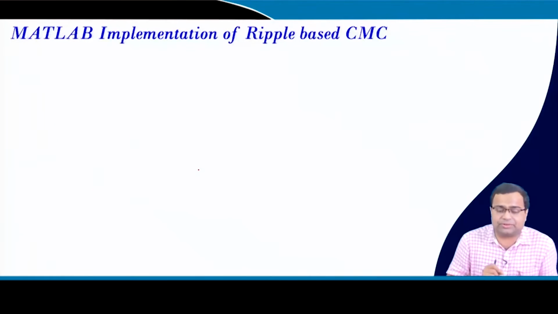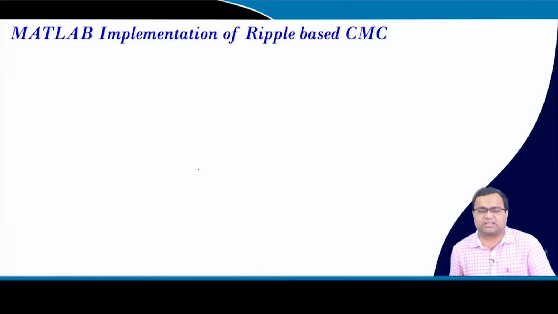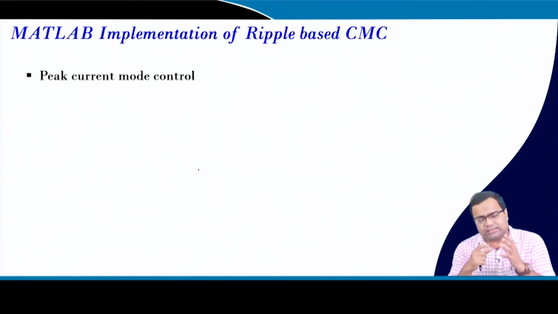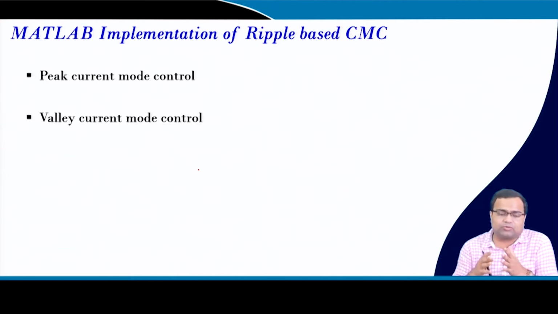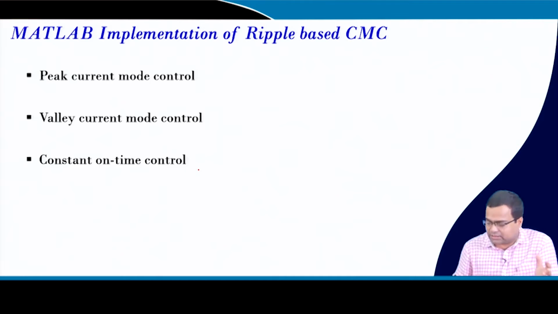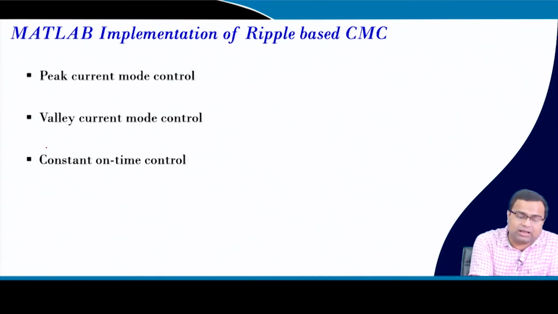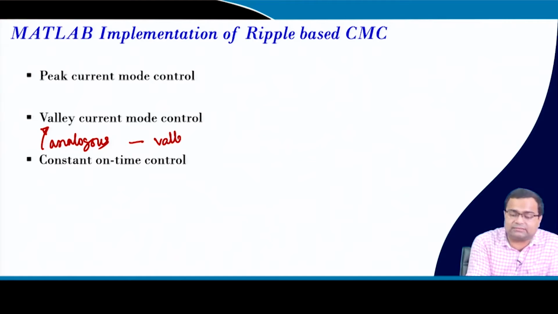First, we want to see the MATLAB implementation of ripple based current mode control. In this context we will talk about peak current mode control, valley current mode control, and constant on time, which is analogous to valley current control.